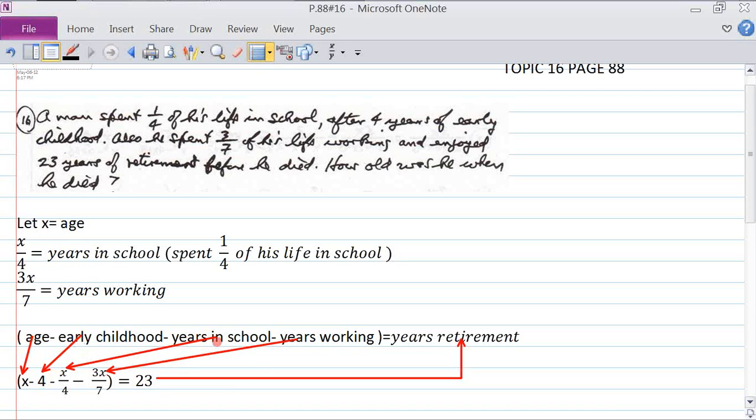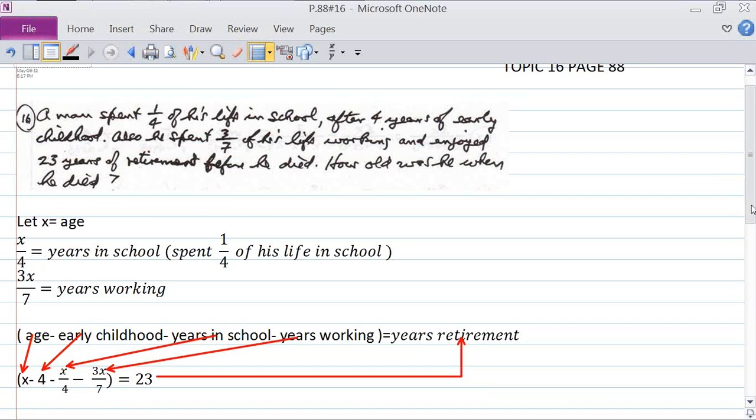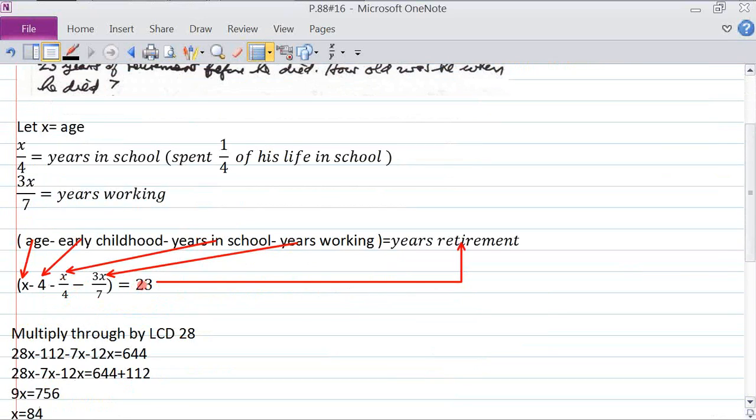Then he spent a quarter of his life in school, x over 4. Then he spent 3/7 of his life, in other words 3x over 7, working, and then he was left with his retirement. So the key thing is this equation: age minus the early childhood years minus the years in school minus the years working equals his years of retirement, because we know that is 23.